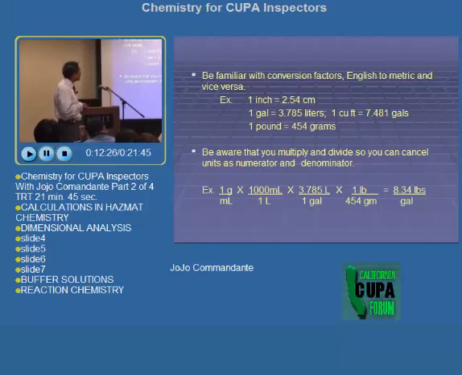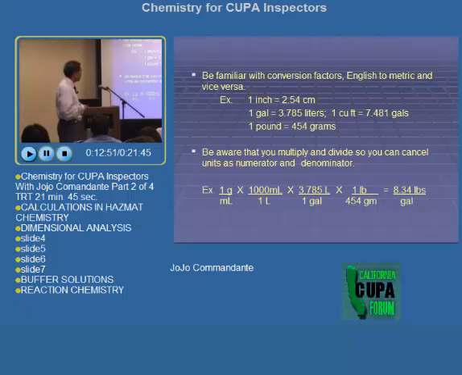Be aware that you multiply and divide so you can cancel units as numerator and denominator. For example, look, 1 gram per ml, you multiply and divide using any of these conversion factors to come up with pounds per gallon. 1 gram per ml, you multiply it by 1,000 ml is equal to 1 liter.